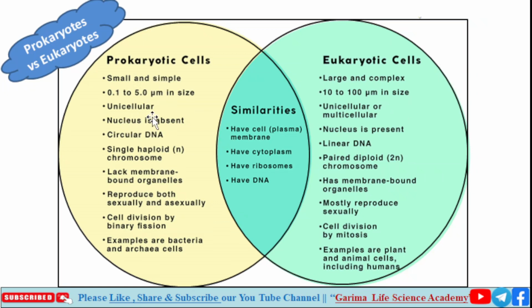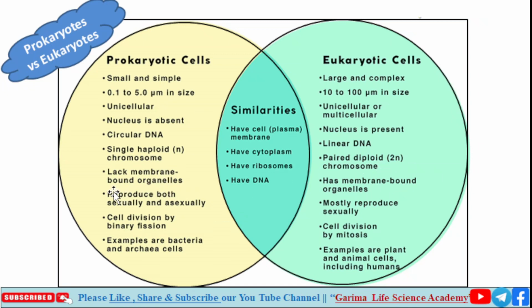In prokaryotic cells, the nucleus is absent, and in eukaryotic cells, the nucleus is present. In prokaryotes, the DNA is circular, but in eukaryotes, the DNA is linear. The chromosome in prokaryotes is single haploid, n number of chromosomes, but in eukaryotes, paired diploid chromosomes, meaning 2n number of chromosomes.